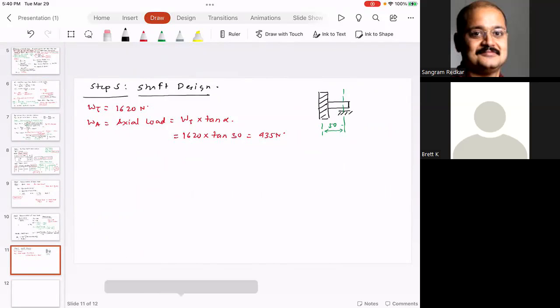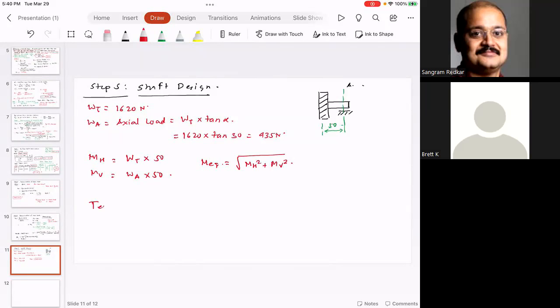So if this is your A, you're going to find MH and MV. MH is Wt times 50. MV is Wa times 50. M equivalent is equal to the square root of MH square plus MV square. And then you will find torque equivalent, which is the square root of M equivalent square plus T square.